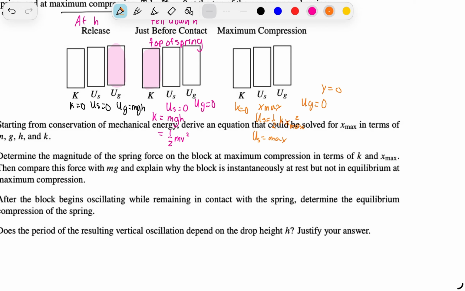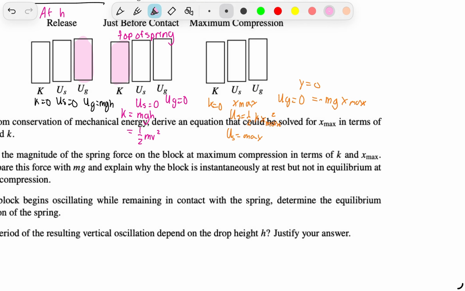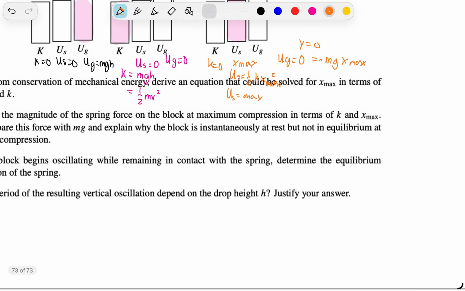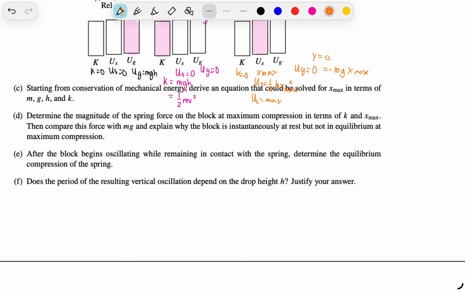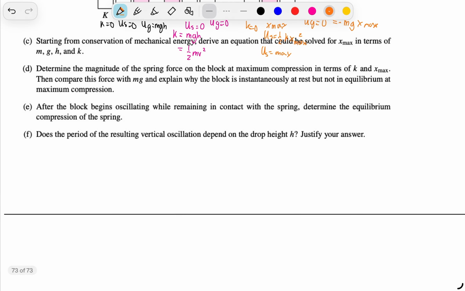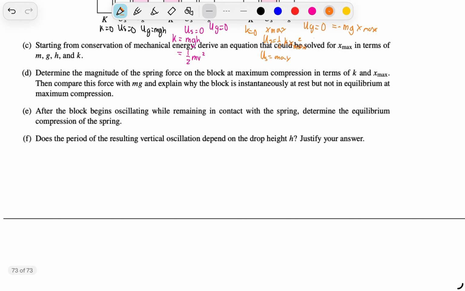So U_G is equal to negative mg x max. And technically, we can't graph that negative mg x max, but we're going to say that all of our energy is spring here.